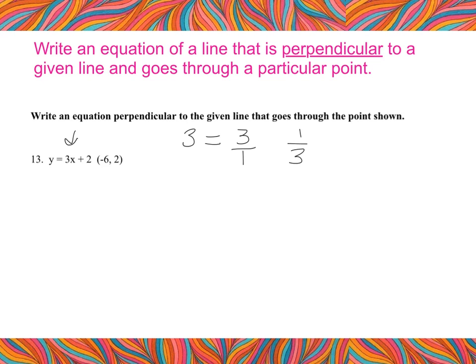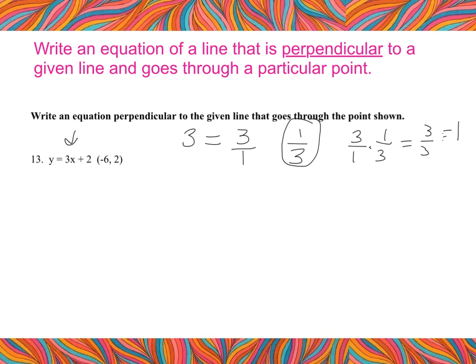So 3 and 1/3 are reciprocals. And remember, the definition of reciprocal is that their product is positive 1. So when I multiply 3 times 1/3, I get 3/3, which is the same as 1. So we successfully found the reciprocal of 3.